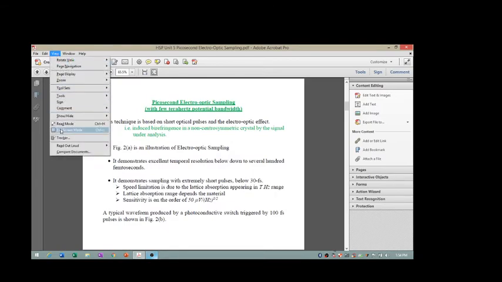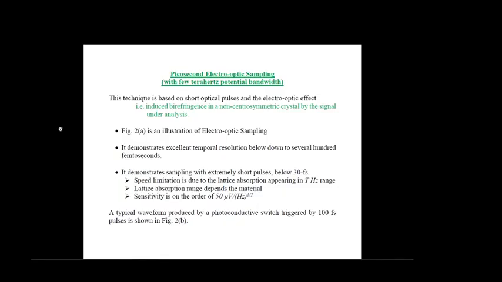This experiment, the demonstration of electro-optic sampling, shows excellent temporal resolution down to several hundred femtoseconds. Because of extremely short pulses, down to 30 femtoseconds have been demonstrated.